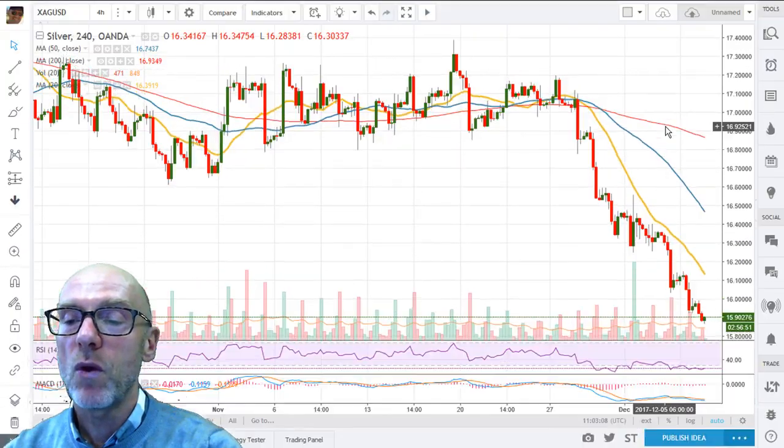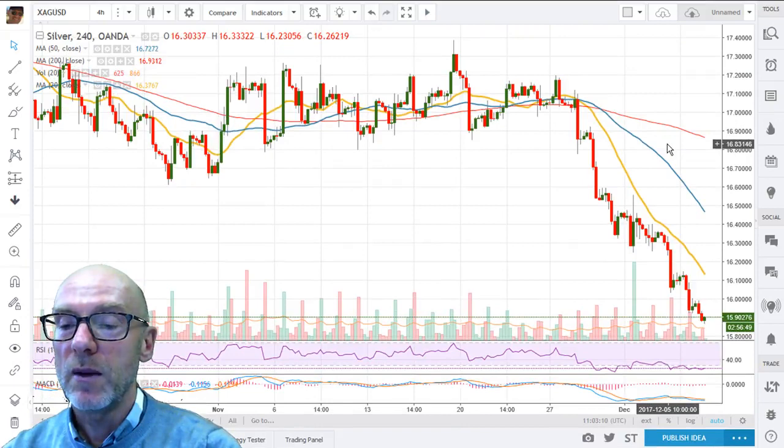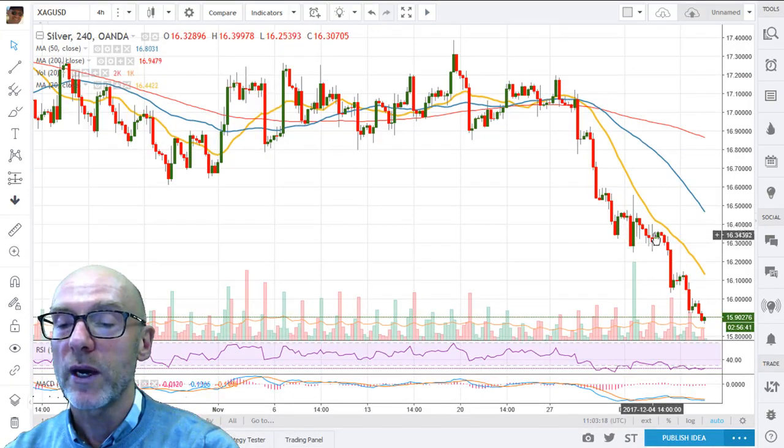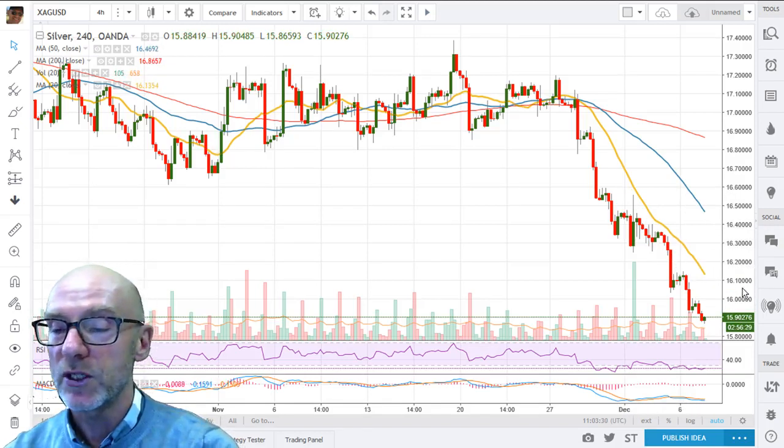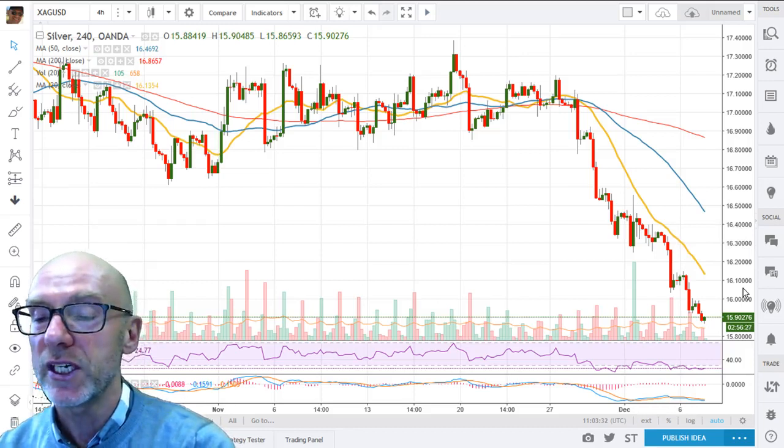And on the 4-hour picture, again, obviously a big collapse. There has been the occasional dip up for a couple of 4-hour sessions, but overall down. Moving averages are continually giving resistance to the upside. The 20 is the first resistance level, which I'll tell you later, 1613.